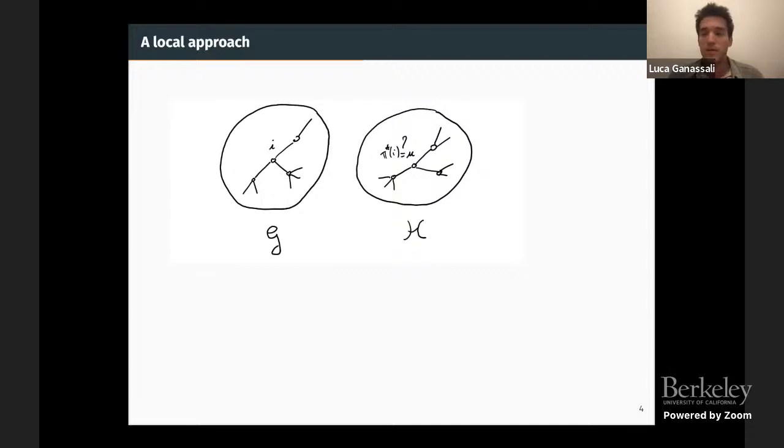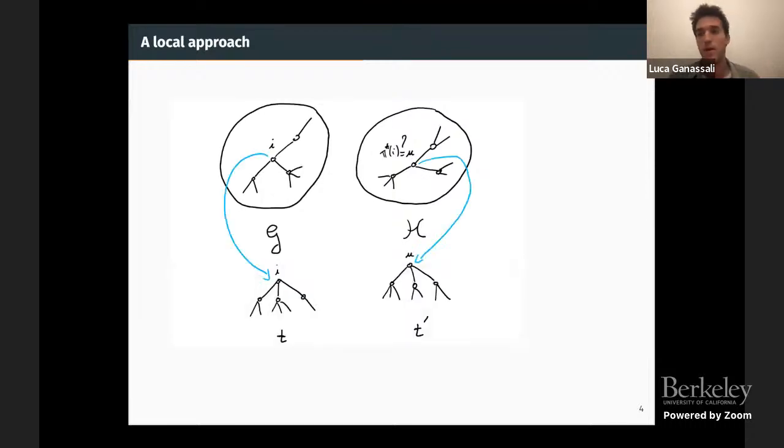Well, a simple answer, just exploring the local neighborhoods, is to look at these neighborhoods, which are in this regime rooted trees, and given a certain depth, we are left with two trees, and what we want to be able to tell is whether these trees are correlated or not.